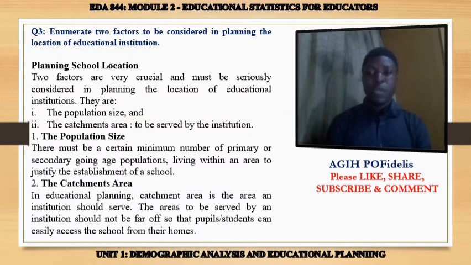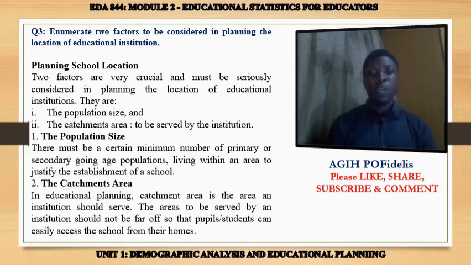Let us conclude our discussion by answering the third question here. Enumerate 2 factors to be considered in planning the location of educational institution. The 2 factors to consider in planning the location of educational institutions are, first, the population size and second, the catchment area.